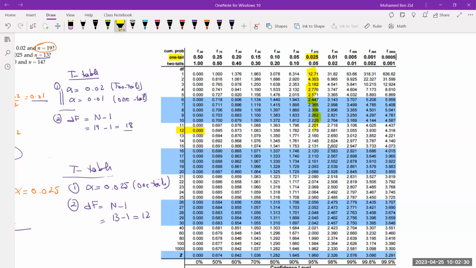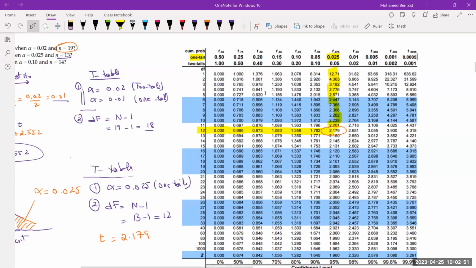Follow this column, follow this line. Both of them are going to intersect at 2.179. So I know the value. So here, the T value is going to be 2.179. This doesn't tell me if it's positive or negative. It tells me only the value.